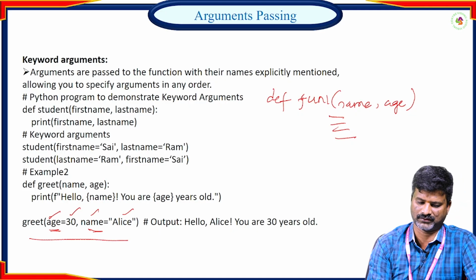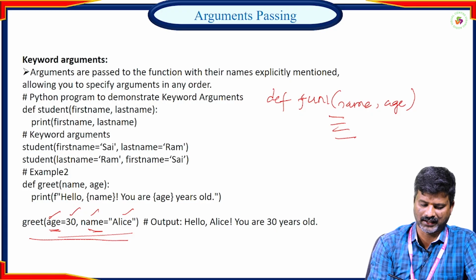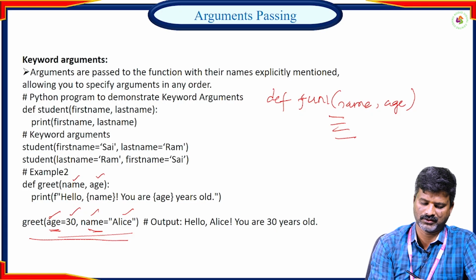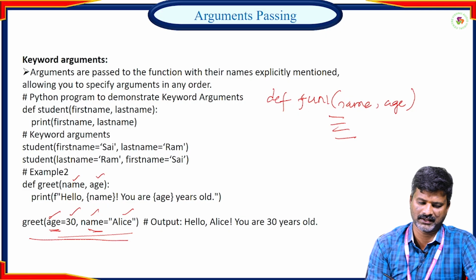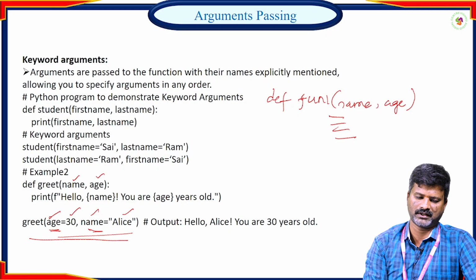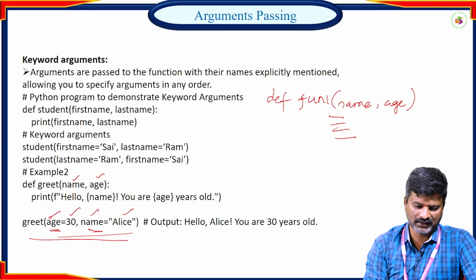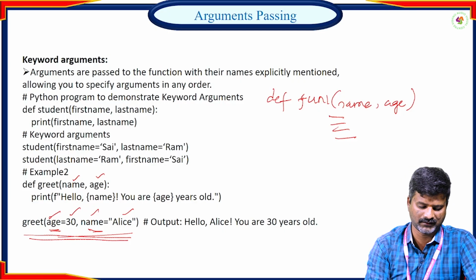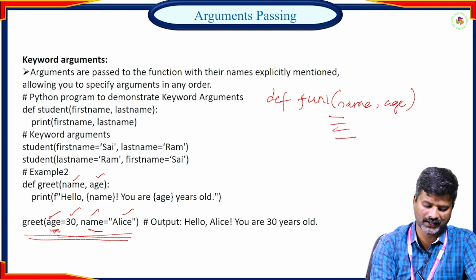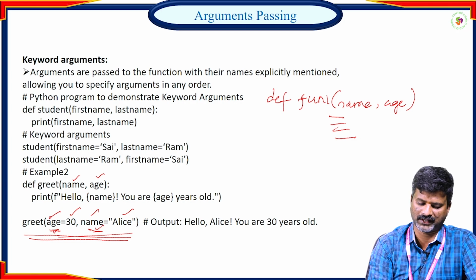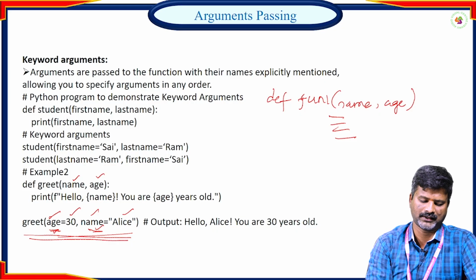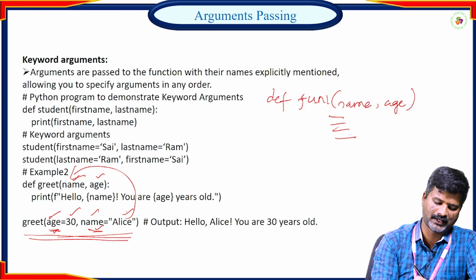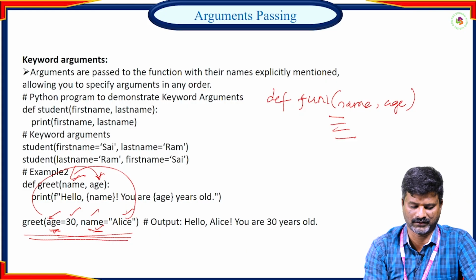Whatever names you specified while calling the function, it will take based on those. One important point to observe in keyword arguments is that order is not important. You can specify the parameters in any order while calling, because you are specifying them with names. Based on that, the interpreter will understand that name will be stored in name only, and age will be stored in the age variable only.